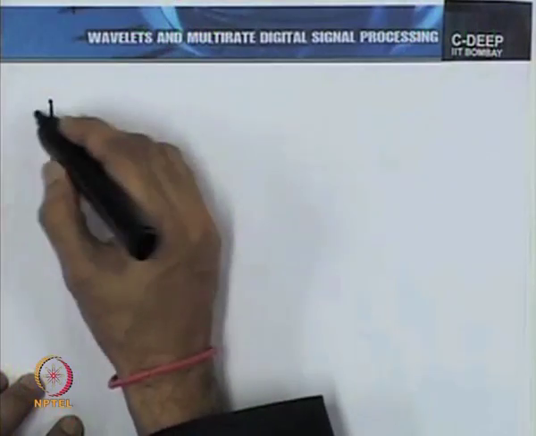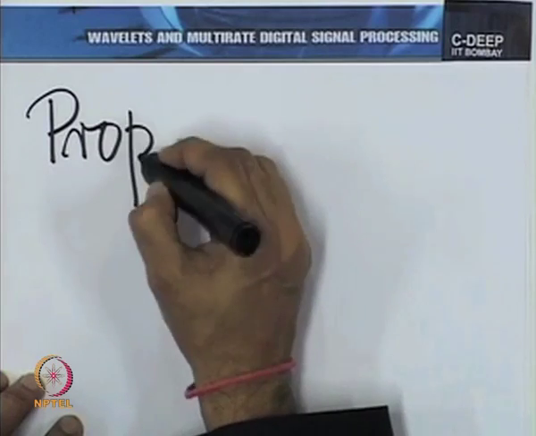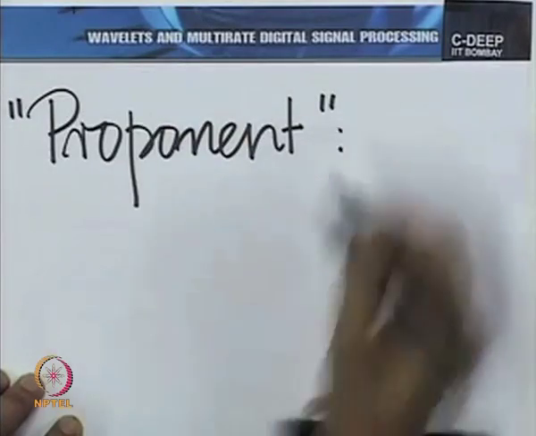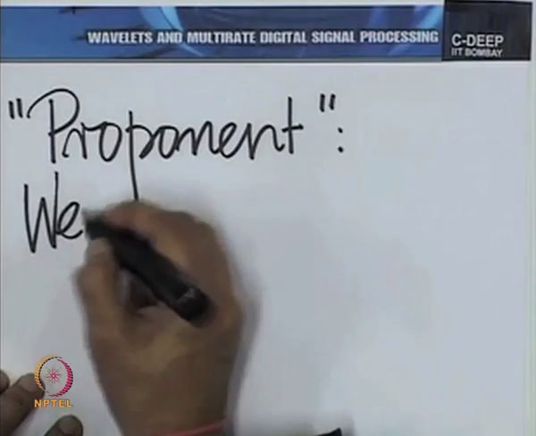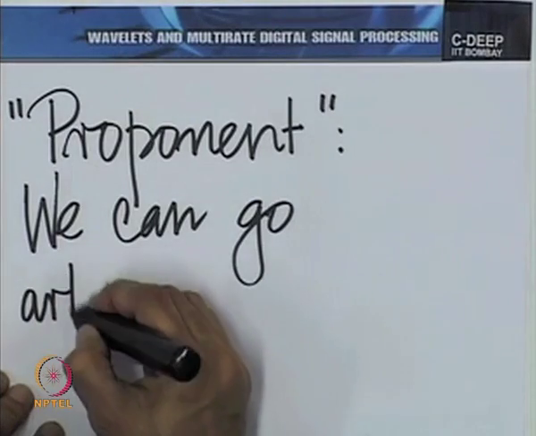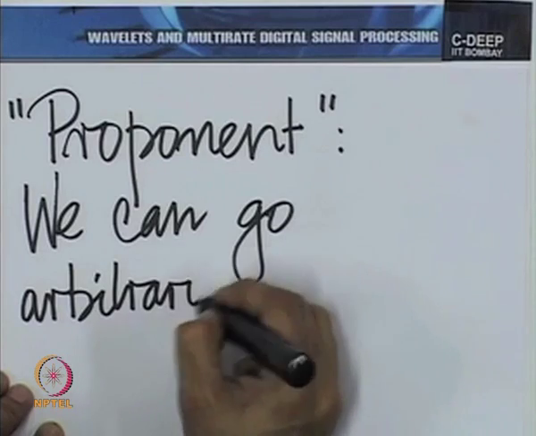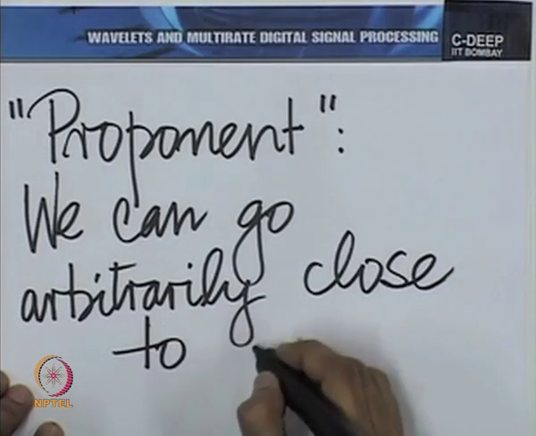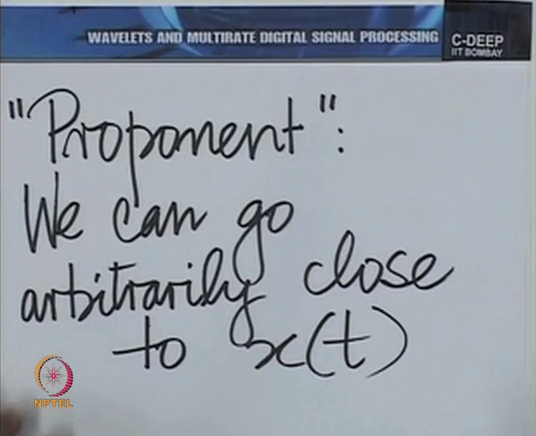So, what we are saying is the proponent says we can go arbitrarily close to x(t), to a continuous function x(t) by this mechanism. Arbitrarily close in what sense?